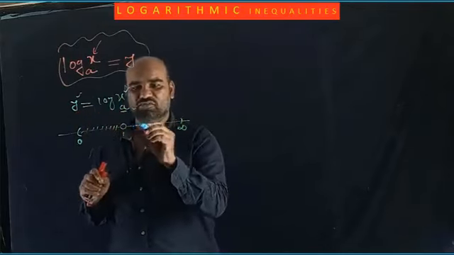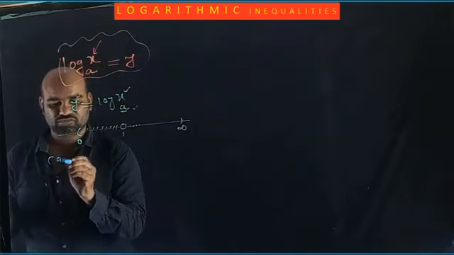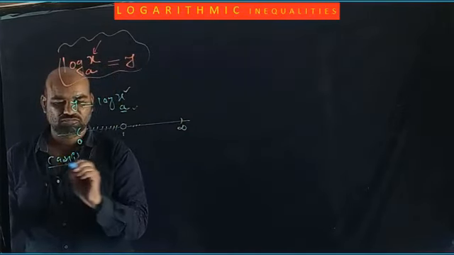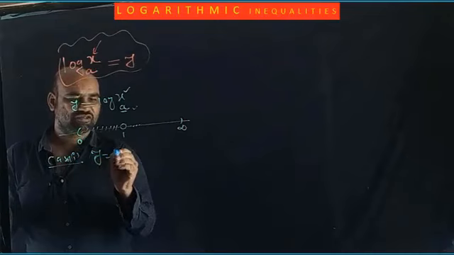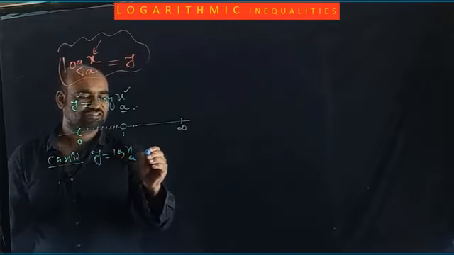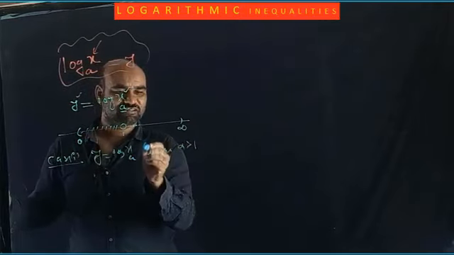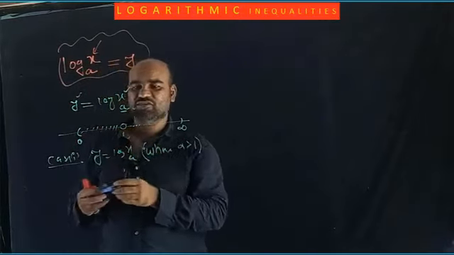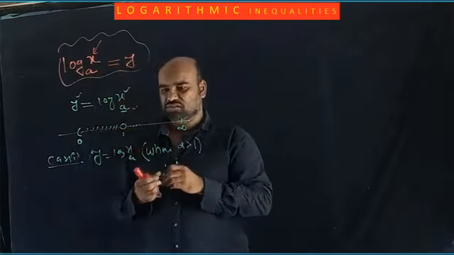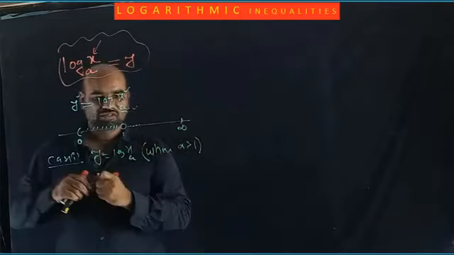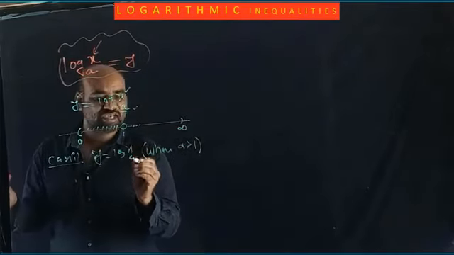Okay. First case: y equal to log x base a where a is greater than 1. Second, I will take the case where a is from 0 to 1. So here again a is a variable, no?